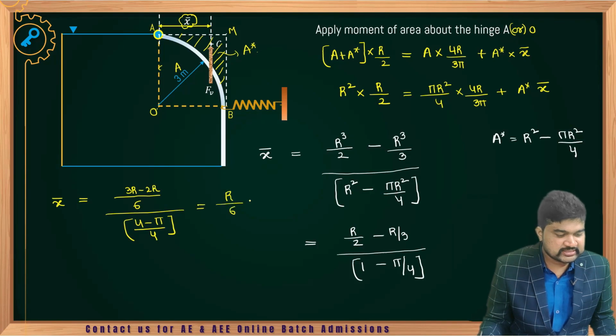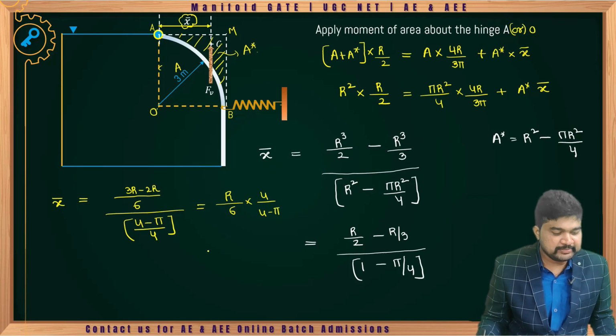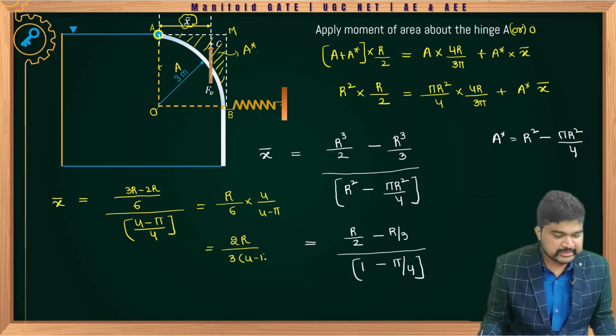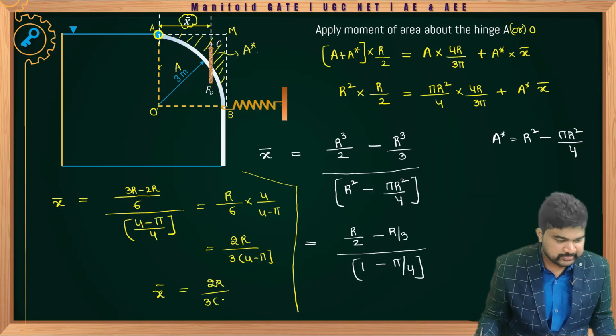R by 6 into 4 by 4 minus pi. So 2R by 3, 2 times R by 3 into 4 minus pi. So X bar is equivalent to 2 times R by 3.